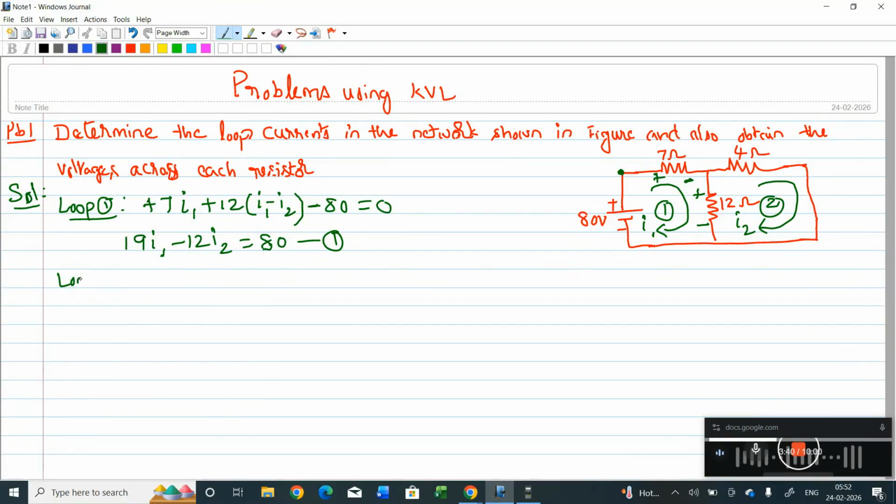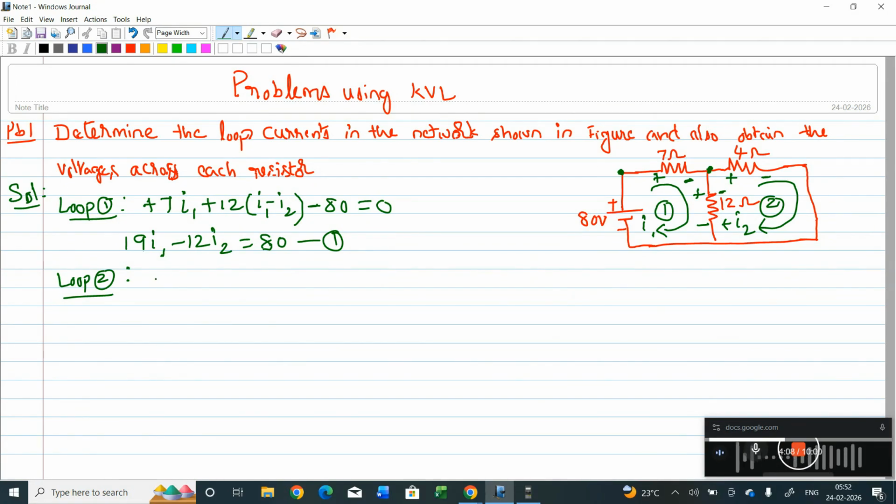In a similar manner for loop 2, let's start from this node. So the voltage drop in the 4 ohms will be with plus on the left hand side, minus on the right hand side, and we will come across 12 ohms. It is flowing from bottom to top, so plus at bottom, minus at top, the voltage drop caused by I2 in the 12 ohms. Now there are no other elements.